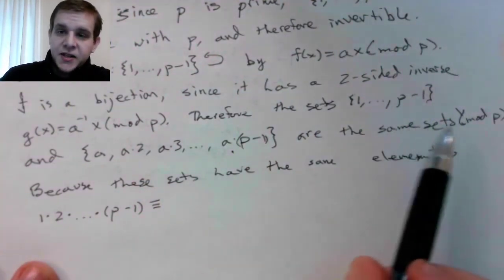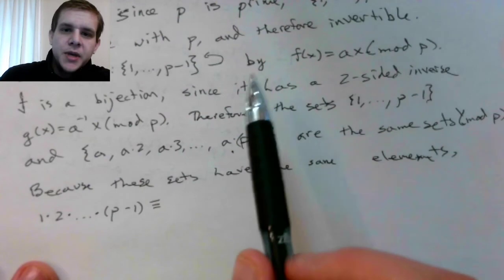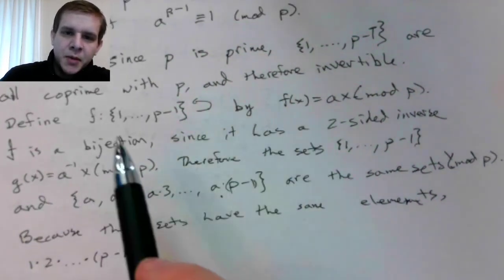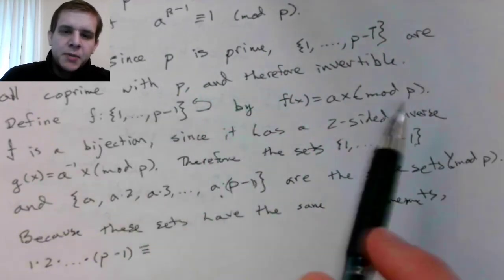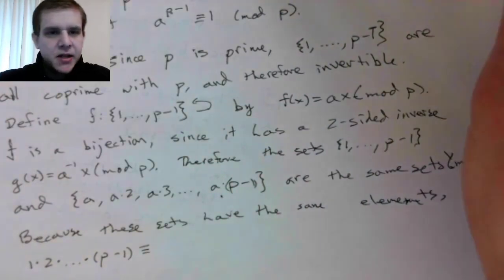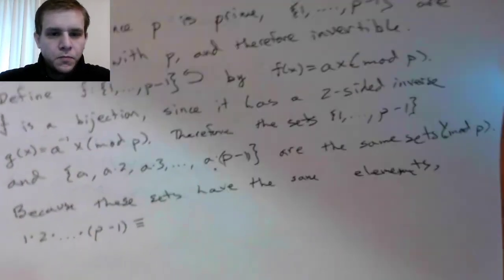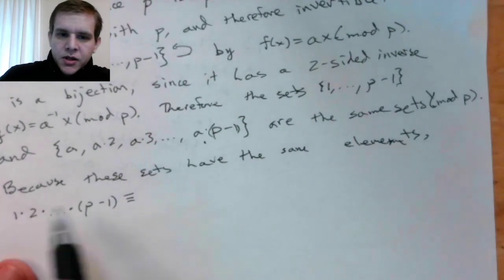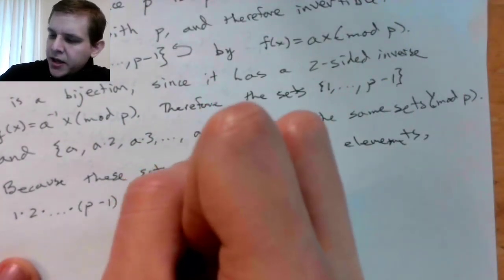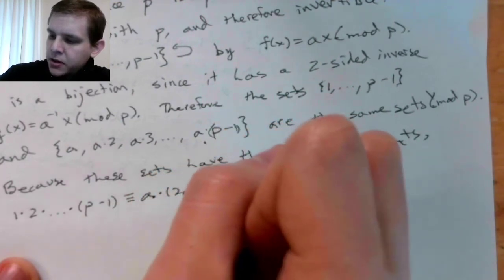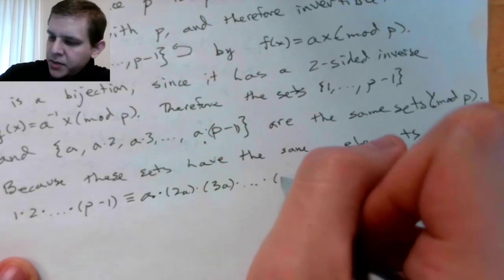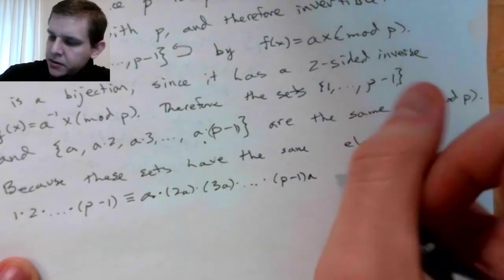I should emphasize that they're only the same sets modulo p because everything needs to happen mod p. When I multiply by a, I probably leave this set. I need to use the division algorithm to get me back to these canonical representatives. So when I multiply 1 up to p minus 1, it's congruent to a times 2a times 3a times all the way up to p minus 1 times a mod p.